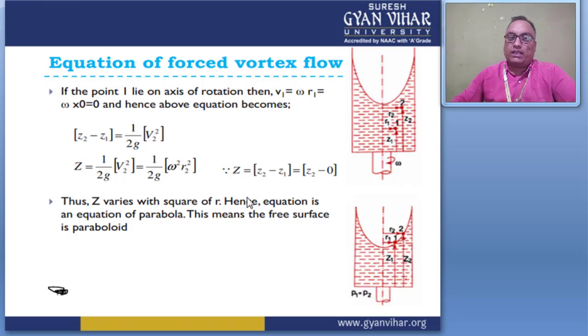This type of question is asked in the GATE exam and IES exam: what shape is this surface formed? It is a parabola, so this is the answer to the question, right? Here the relation is z equals ω²r²/2g. So z is directly proportional to r².